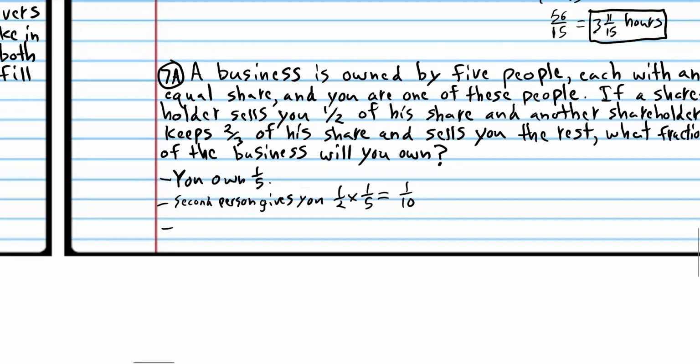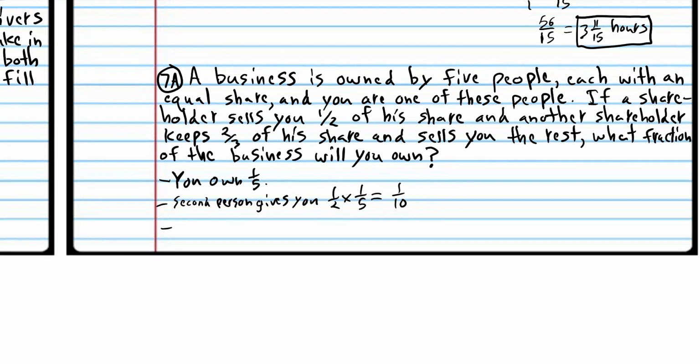So now this other guy, we have to be careful here because this is kind of a tricky part. This other guy keeps 2/3 and sells you the rest. So he's not selling you 2/3 of his share. If he keeps 2/3, then that means 1/3 he's giving away.